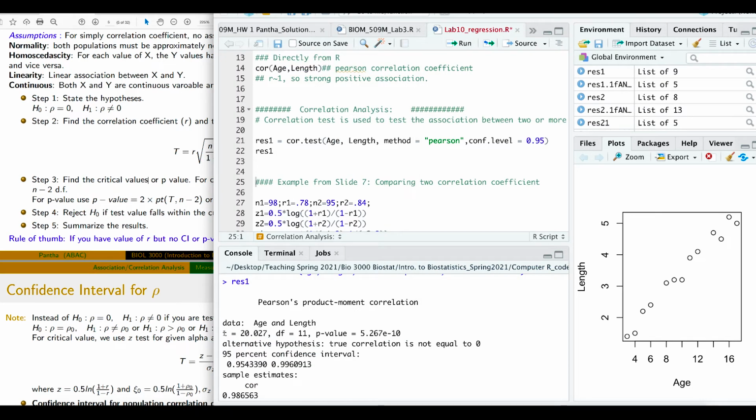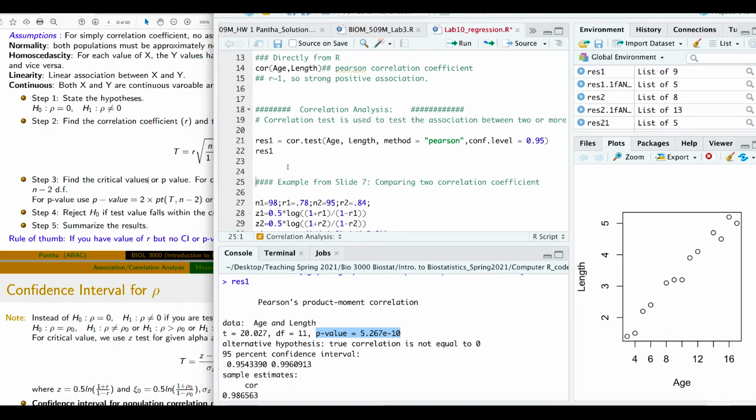So here is the test statistic, and the degrees of freedom. The p-value is very small. So p-value is small means what? We reject the null hypothesis. You see that? Meaning that there is association between x and y, because the null hypothesis was rho equals 0, meaning there is no association between the population variables x and y, right?